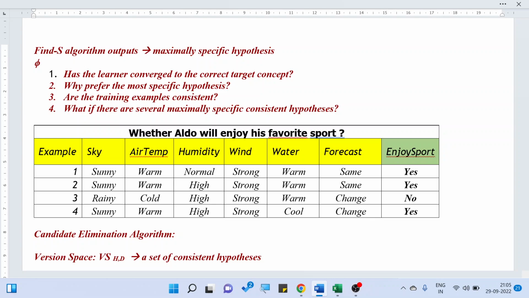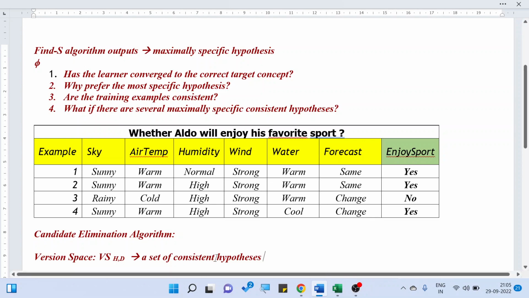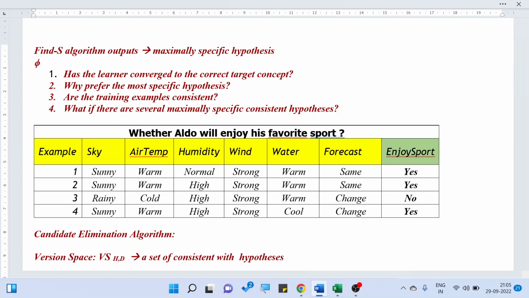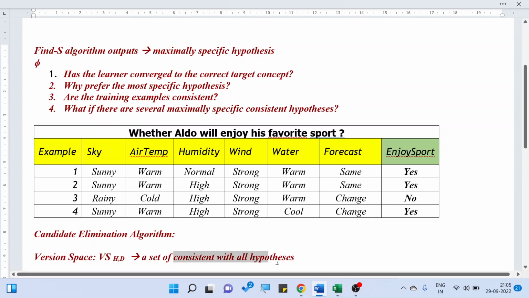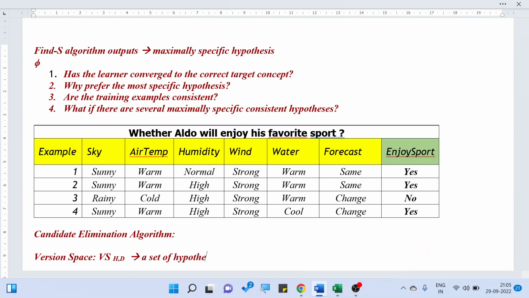There may be many hypotheses which may be consistent only with one example or two examples, but here our definition is a set of hypotheses which are consistent with all the data or training examples.